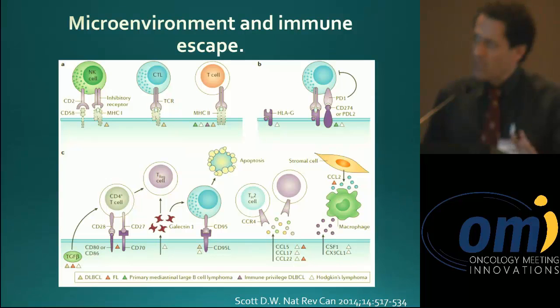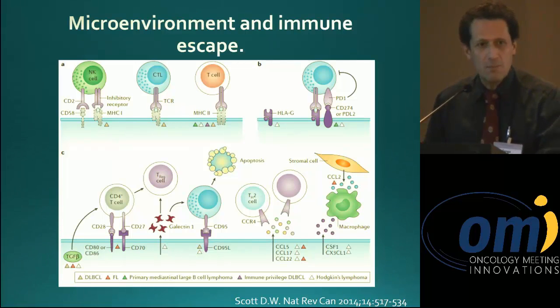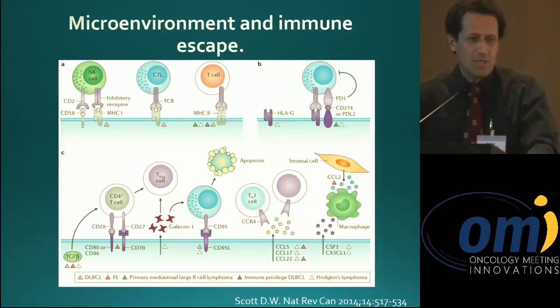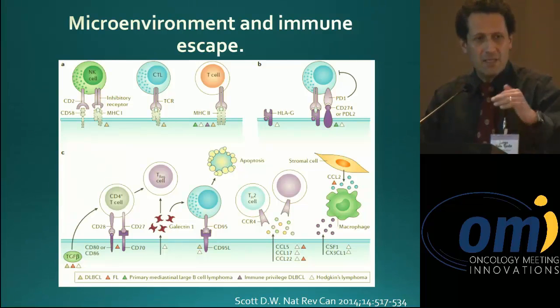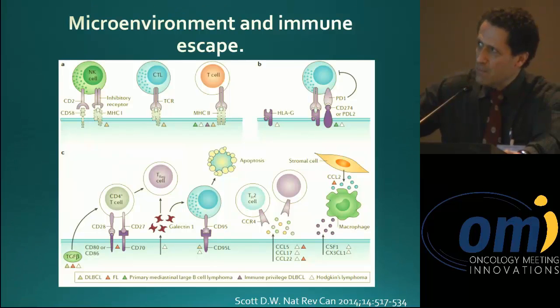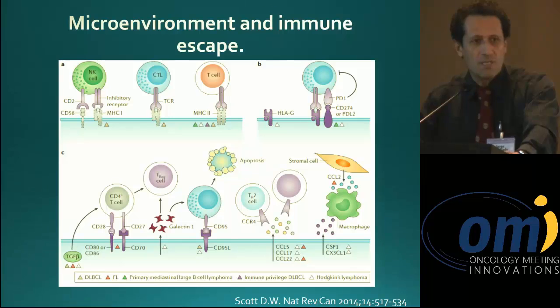Another important point is that more than 60% of lymphomas, such as diffuse large B-cell lymphoma, lack major histocompatibility complex on the surface of the tumoral cells. And as you know, this molecule is very important in the activation of cytotoxic T cells.